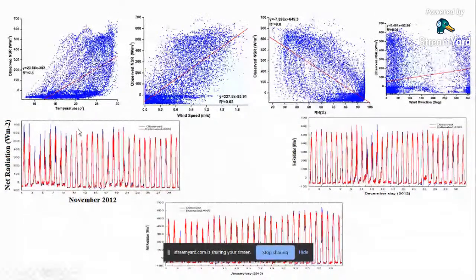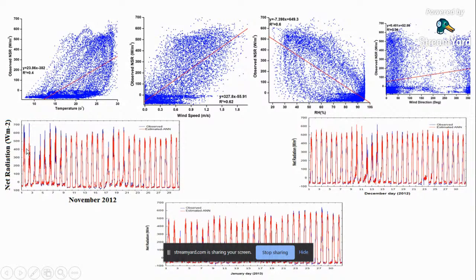Except temperature and somewhat RH, these are not much related to the net radiation. However, we used these input parameters in the model, and we could see that for November 2012, the red color indicates ANN estimated net radiation and the blue color indicates observed. It is exactly matching the observations in November, in December, as well as in January.